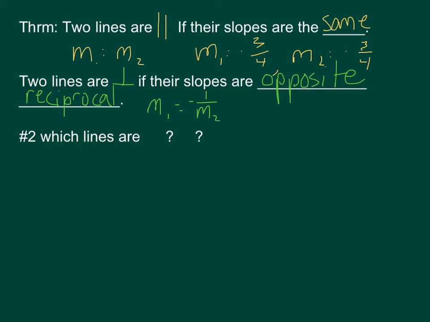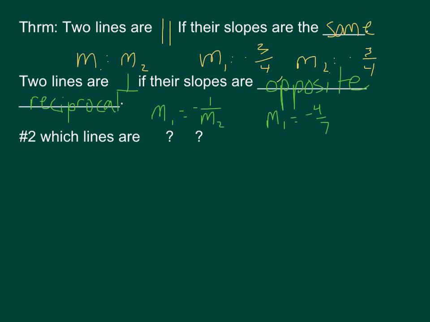So, for instance, if m1 was negative 4/7, then m2 is, flip it, so it's positive 7/4. Notice it went from negative to positive. If the first slope was, let's just say, positive 1, well, flip it.